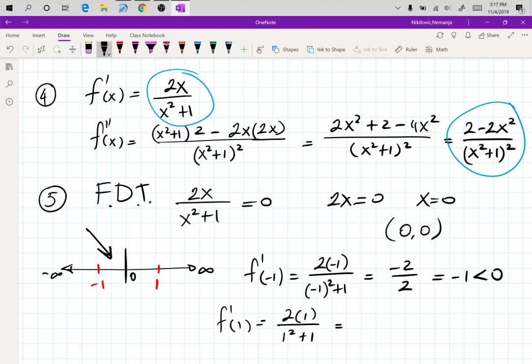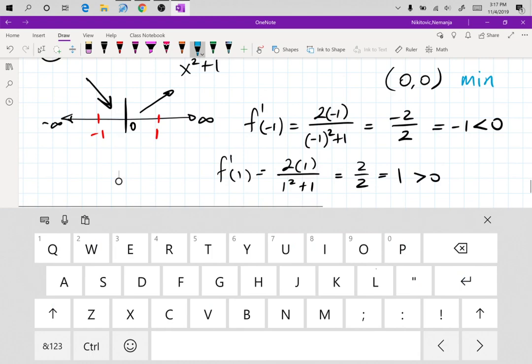We get 2 divided by 2 this time, which is 1. It's larger than 0, so we have an increase. So this point is a minimum. We get that free of charge, because we figured out that the function is decreasing up to 0 and then increasing after.